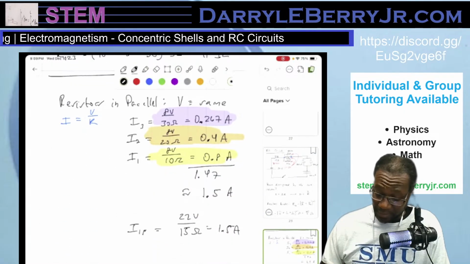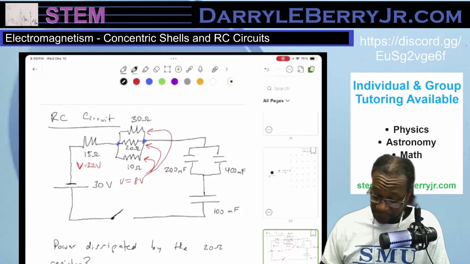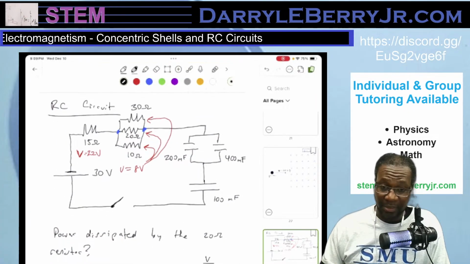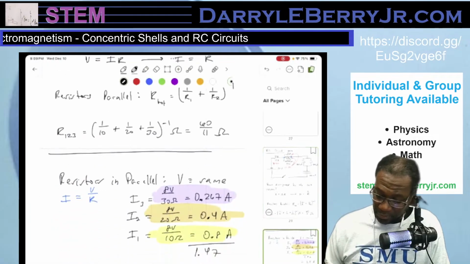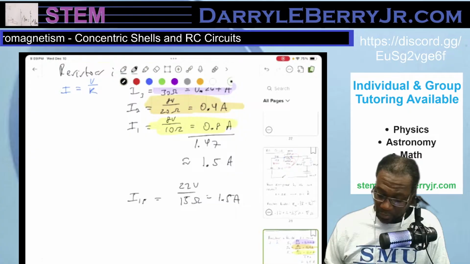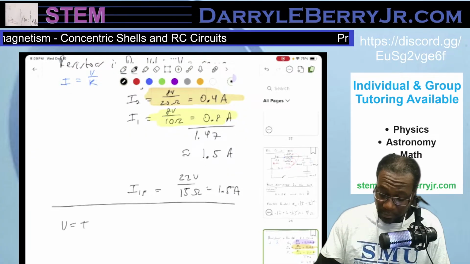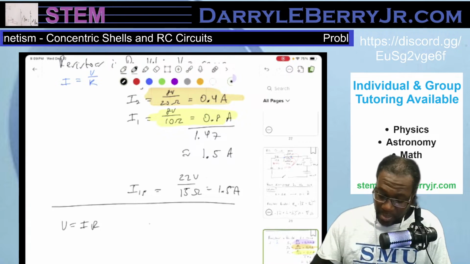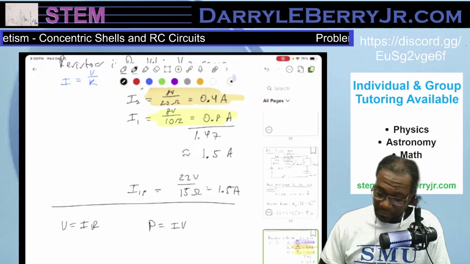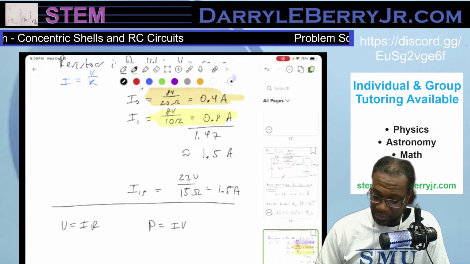Now, the last thing we need to do is answer the original question I posed to myself, which was how much power is being dissipated by the 20 ohm resistor. We can do that like this. We already know that V equals IR, and that power equals IV. So the power in the circuit will be the current times the voltage.